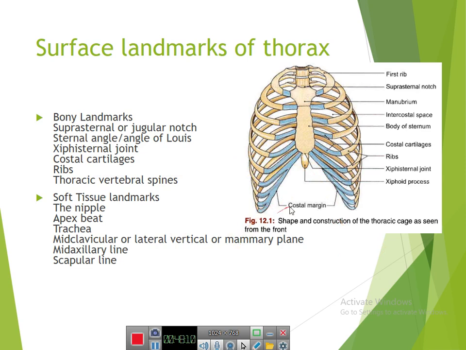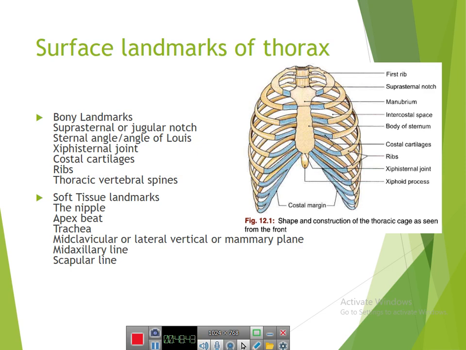Between the two costal margins there lies the infrasternal or subcostal angle. Here is the infrasternal or subcostal angle. The depression in the angle is also known as the epigastric fossa. So here is the epigastric fossa, a depression in the angle.